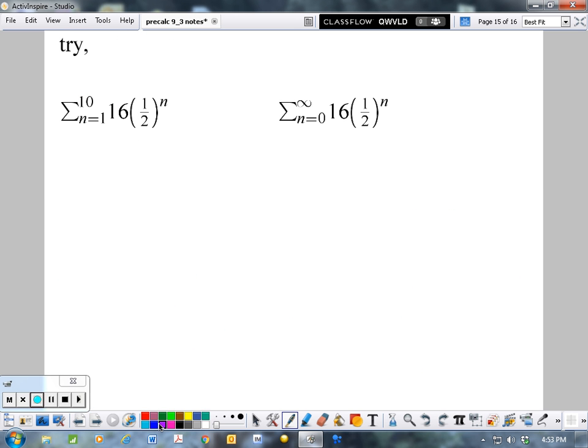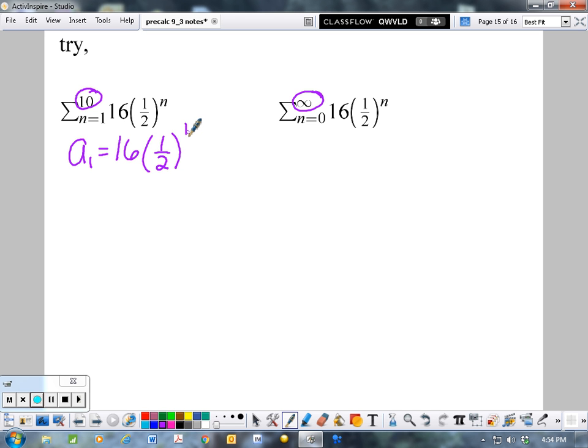Okay, two more, the same idea. This one's finite. This one is not. So we're going to do the finite one first. The first thing we need to do is figure out our first term. My first term would be 16 times 1/2 to the first power.